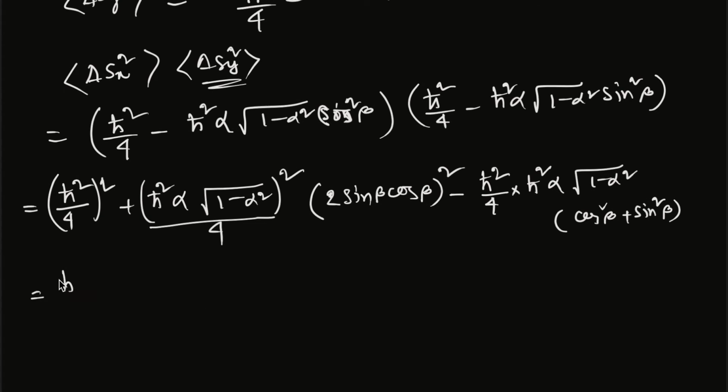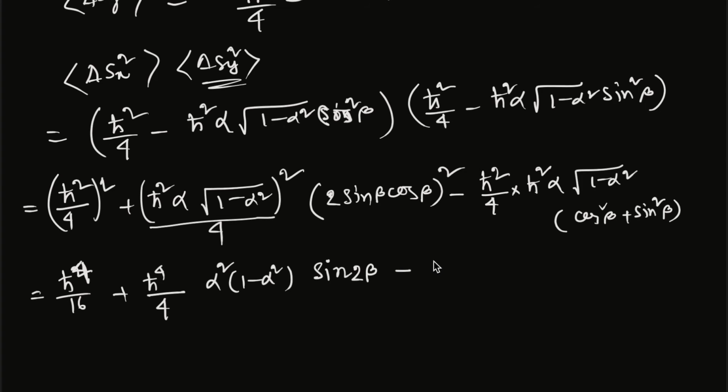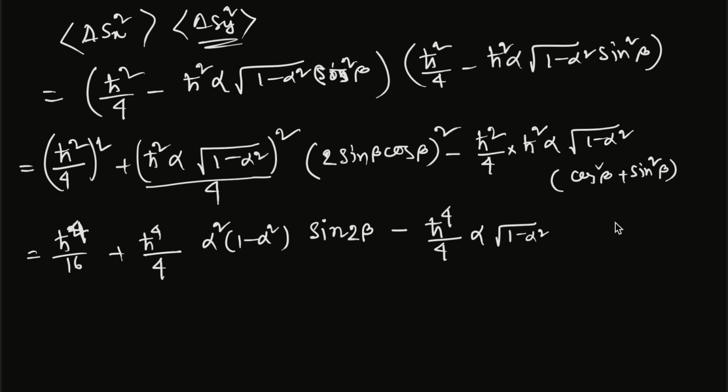That means it will give h cut square by 16 plus h to the power 4 by 16, h to the power 4 by 4 alpha square into 1 minus alpha square into sine, this will be sine 2 beta, and this will be minus h cut to the power 4 by 4 alpha root 1 minus alpha square, since cos square beta plus sine square beta is equal to 1.